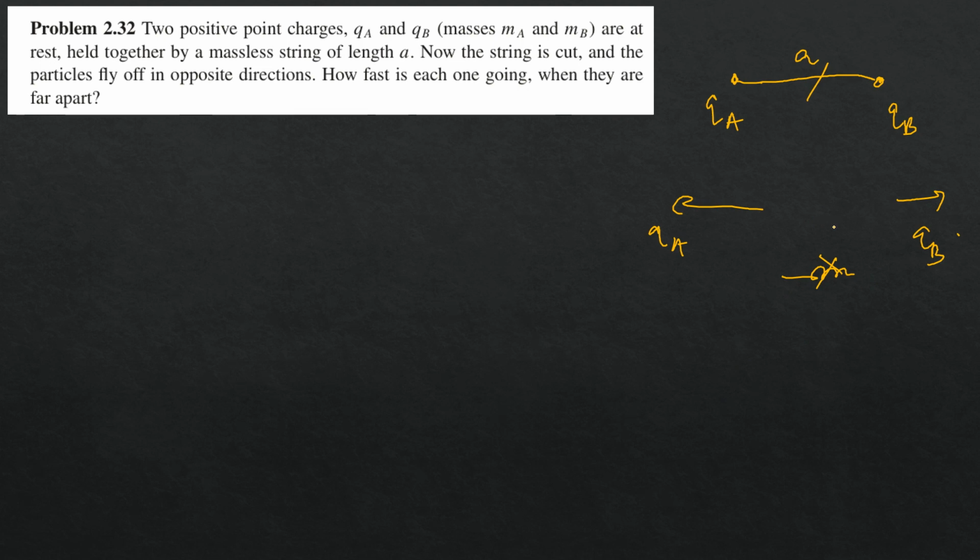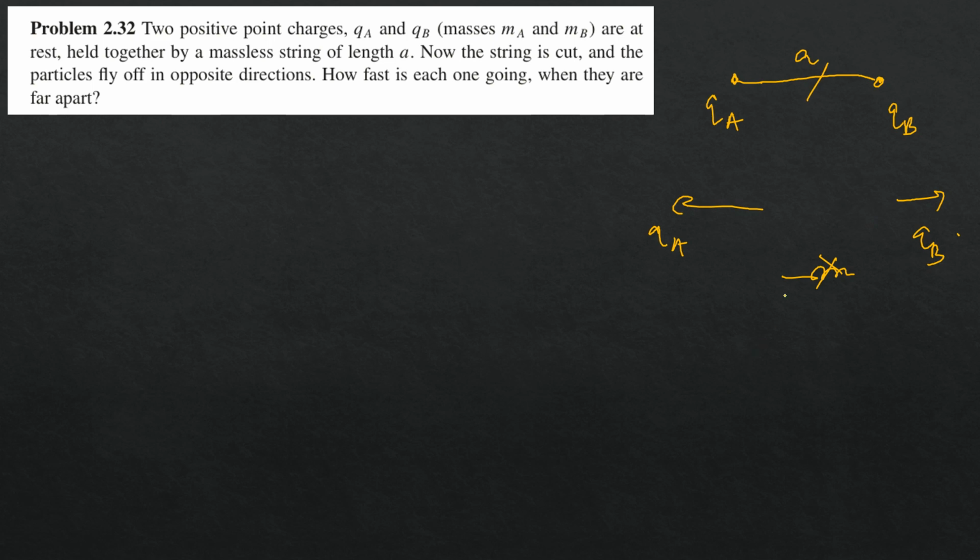Okay, let's think about it a bit. Two positive point charges QA and QB are at rest, held together by a massless string of length a. Now the string is cut and the particles fly off in opposite directions. How fast is each one going when they are far apart? Let's try.